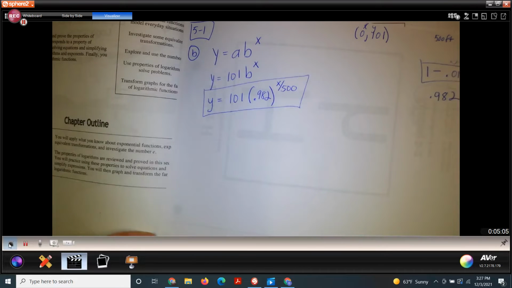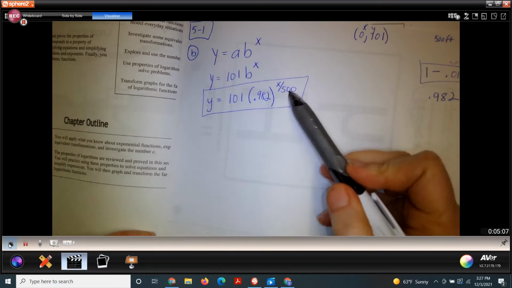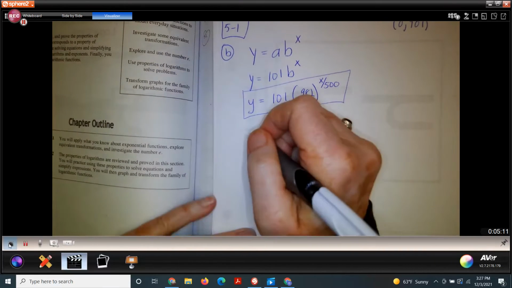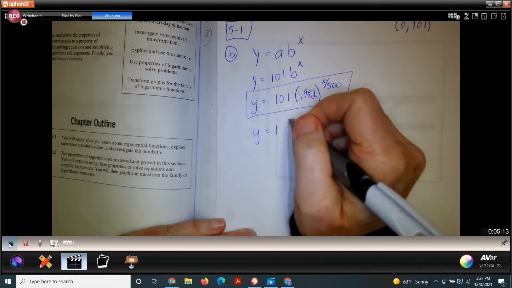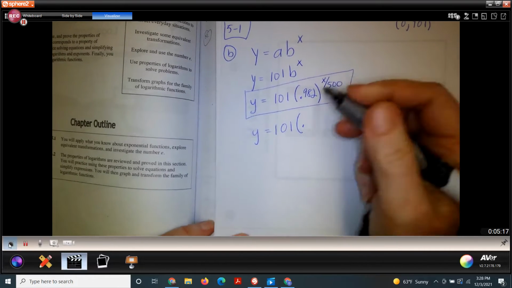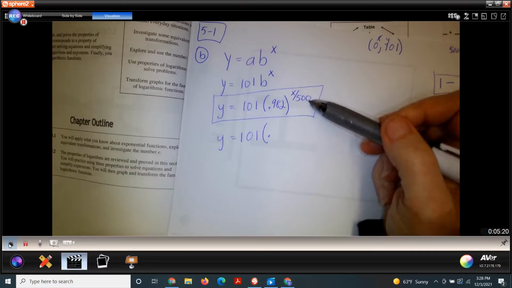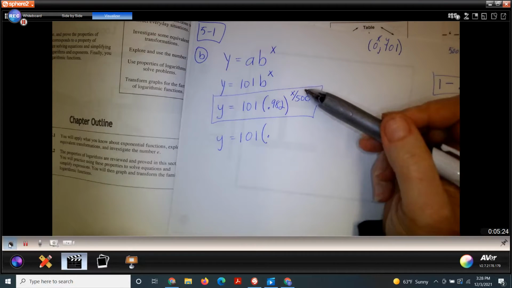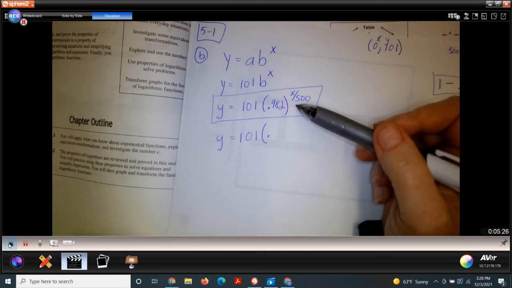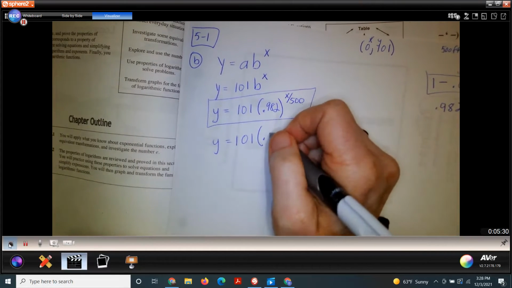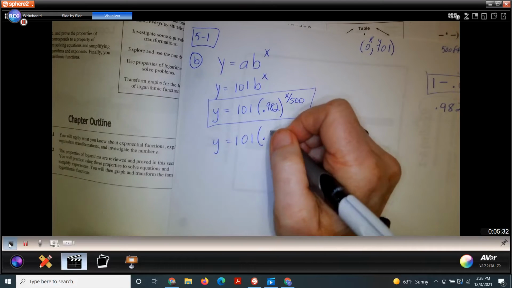I kind of like this as my formula, but really if I wanted to get it exactly in y equals a times b to the x, I could simplify it even more, because I can use laws of exponents. I can say x over 500 is the same as 1 over 500 times x, and so I can move that inside the parentheses.